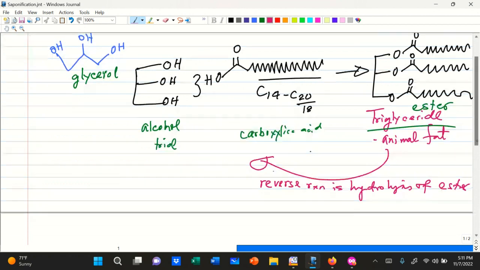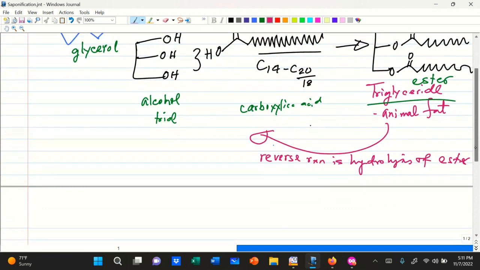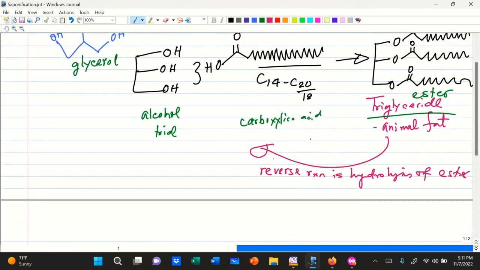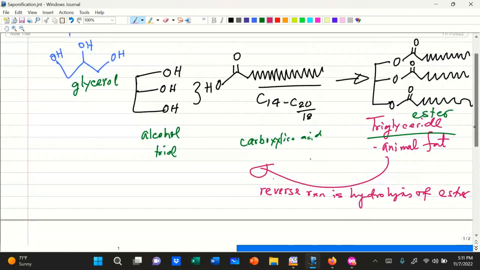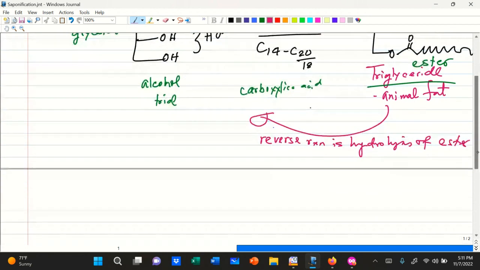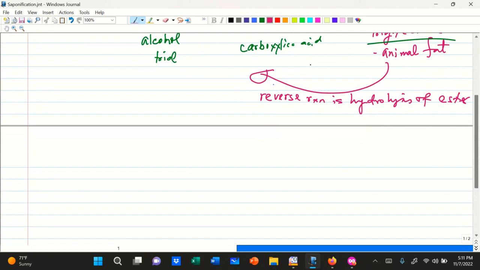So we are planning on hydrolyzing an ester, and that ester is not necessarily a triglyceride, but it will be an ester that has a long hydrocarbon chain on the carboxylate part, the acyl group part. If that is the case, then that will be an ester hydrolysis.